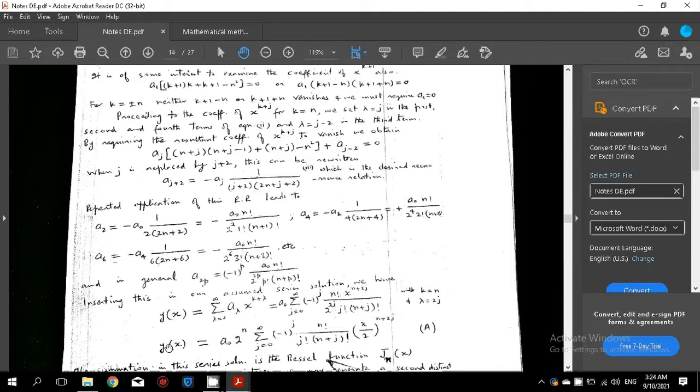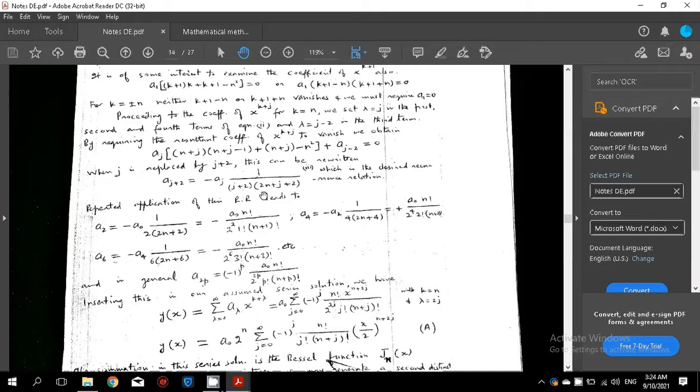That solution corresponded to k equal to plus n. Now, to get the second solution, we need to replace k with minus n. If we put n equal to minus n, then this term becomes minus 2n, and you know that j is an integer which varies from 0 to infinity.